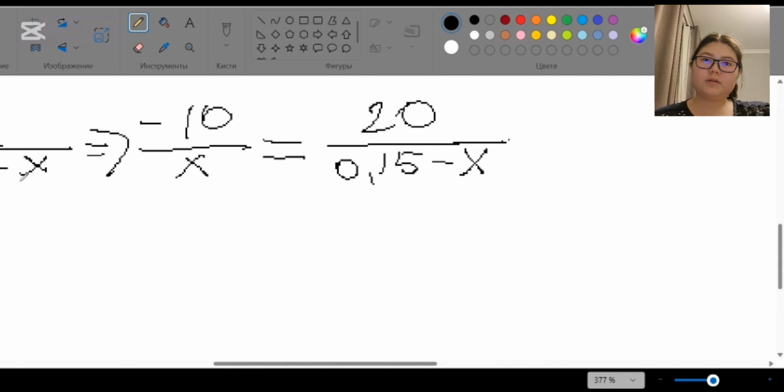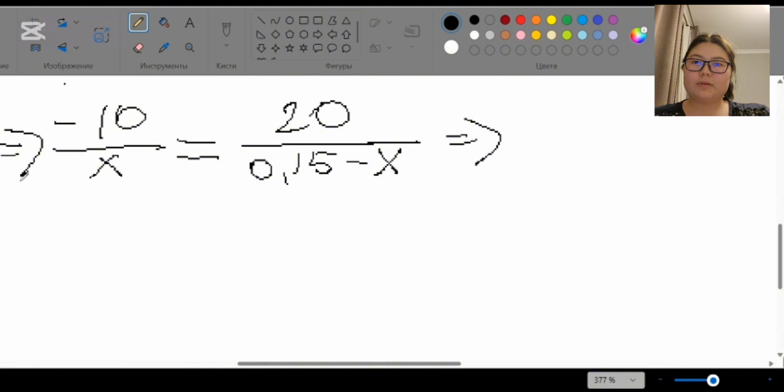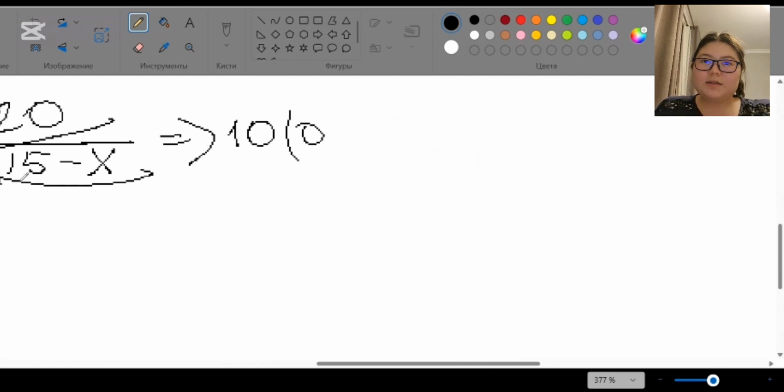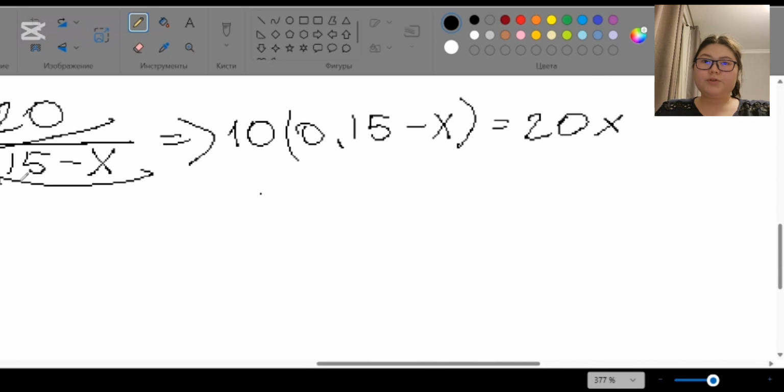Here also, now we have to find x. So our x, let's write it: 10 multiplied by 0.15 minus x is equal to 20x. So here our x is equal to 0.05 meters.